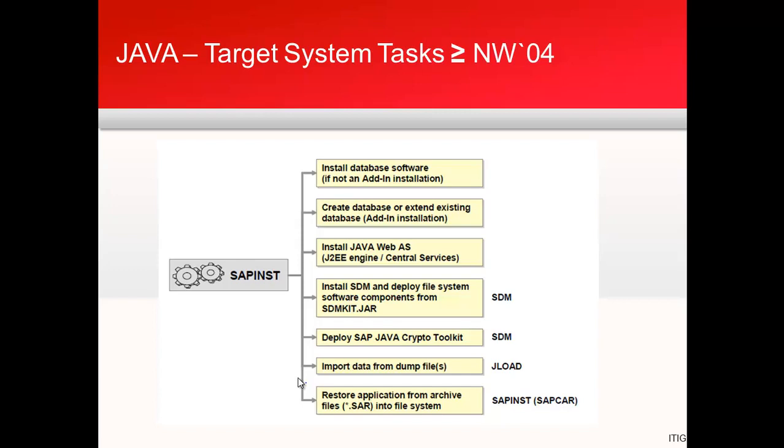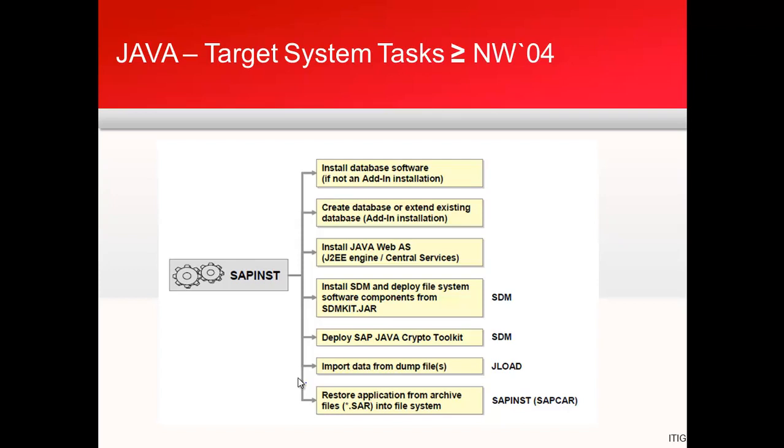Then the SDM file system components are reinstalled or redeployed. Basically those exported components are redeployed into the target system, and the Java crypto toolkit must be redeployed, for either weak or strong encryption.